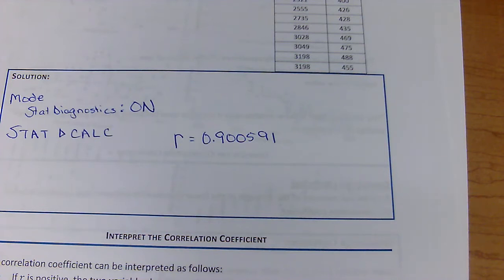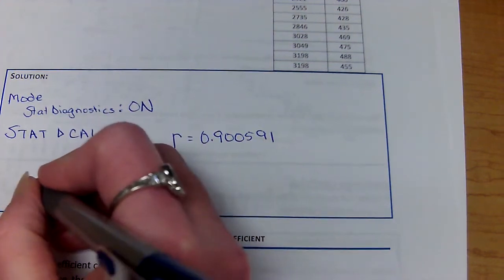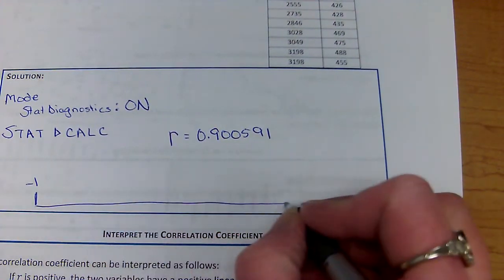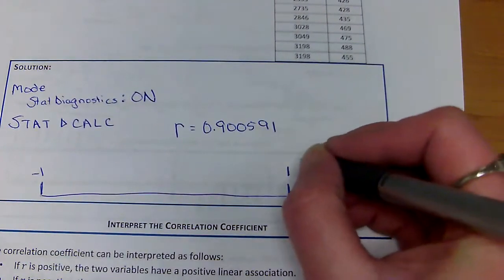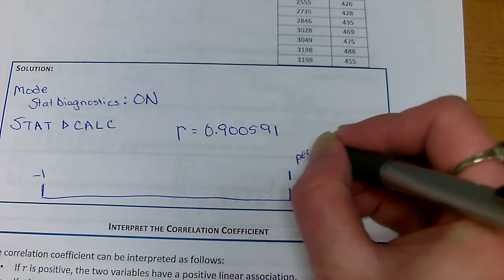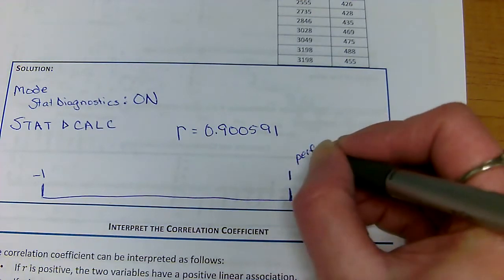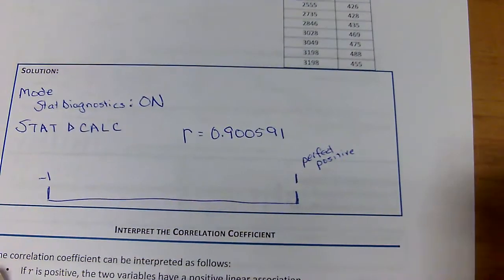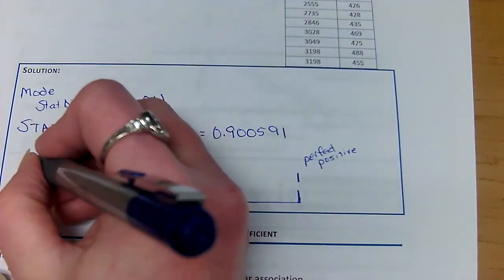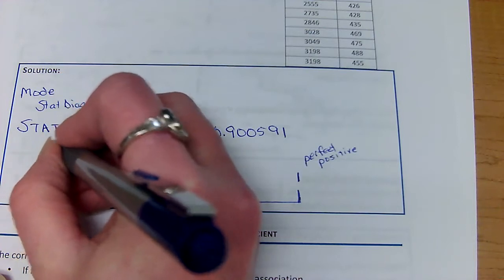So if we thought about these values on a scale, they go between -1 and 1. If you had a 1, that is a perfect positive relationship, like all the dots line up in a straight row. -1 would be a perfect negative relationship.